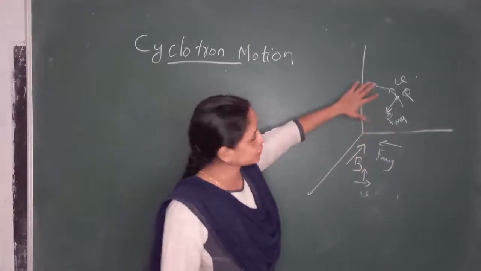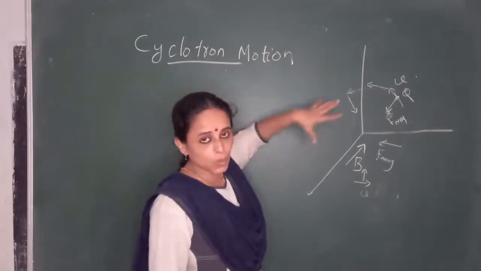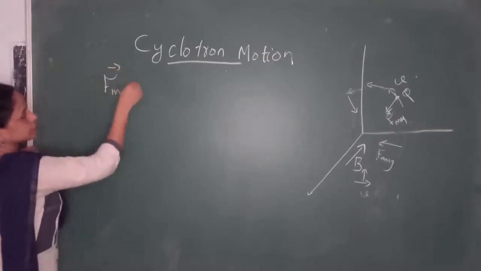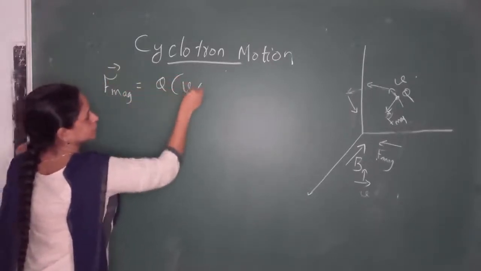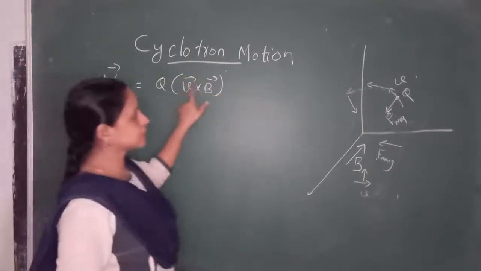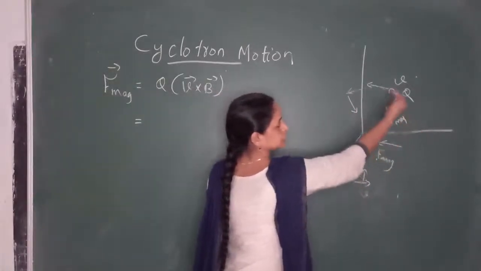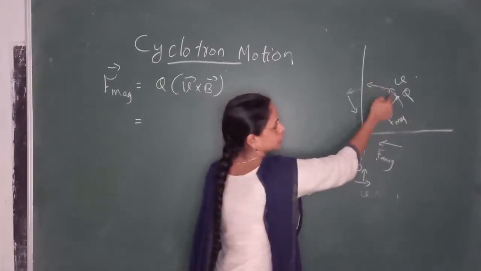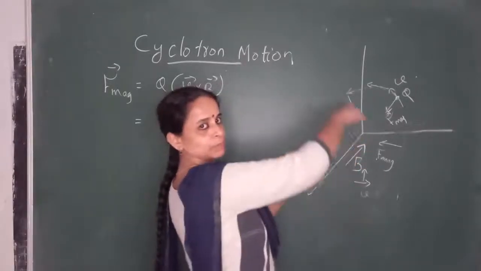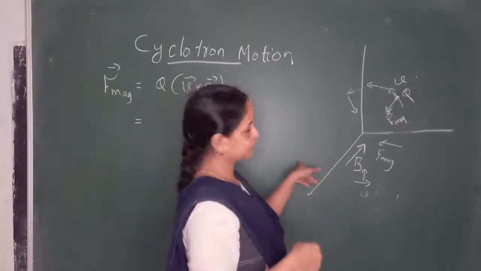The magnitude of the force is given by the Lorentz force law. That is F magnetic is given by q into v cross B, all are vectors. Here the field and the velocity are perpendicular to each other because the field is into the page; in any direction of motion, the velocity is perpendicular to the field.